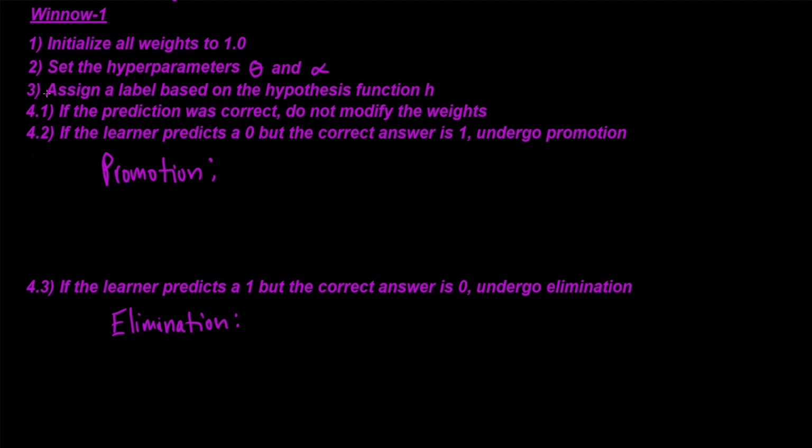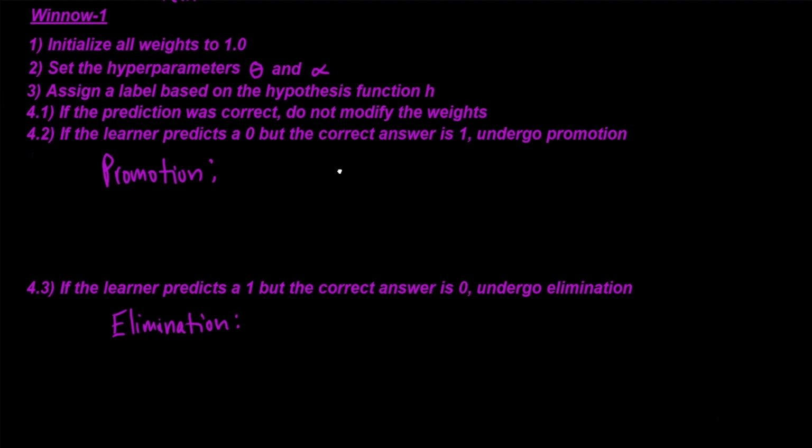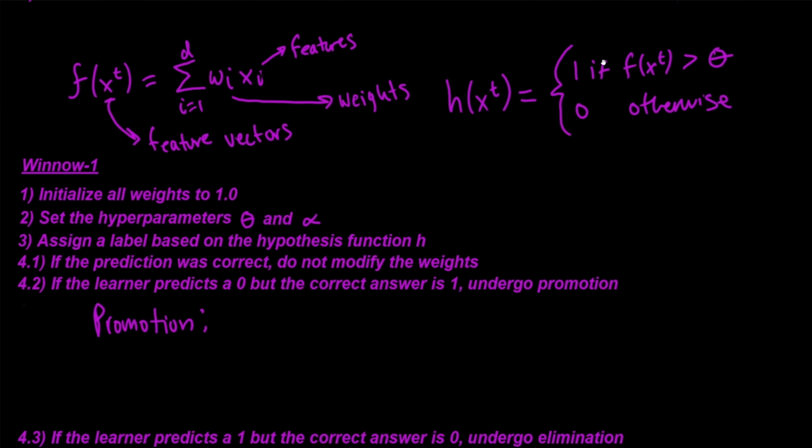Okay, step 3 is assign a label based on the hypothesis function h. Now, if you recall, the hypothesis function is this function right here. It's h of xt, and it is evaluating f, and if f is greater than theta, then it's going to assign a label of 1, and if f is less than or equal to theta, it's going to assign a 0.